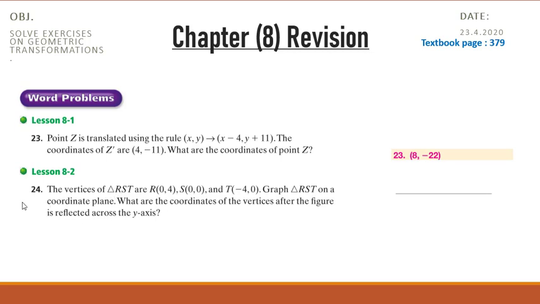In question 24, we have triangle RST, we have the vertices, and of course we need to graph. I'm not going to graph, that's easy, and you can check your answer, of course, as I told you before. You can use GeoGebra to check your full answer.